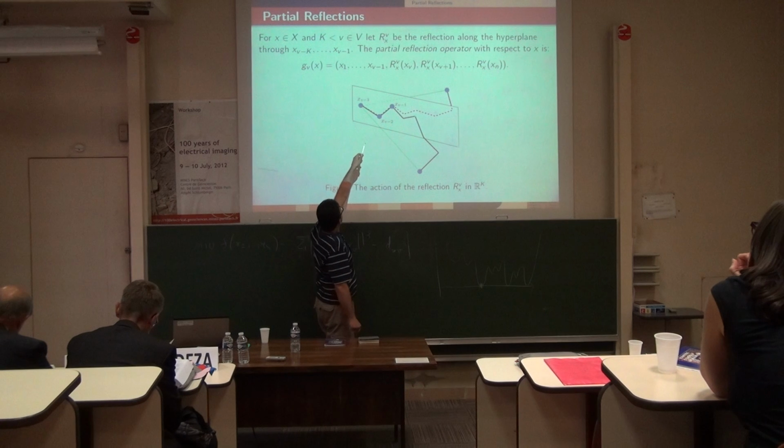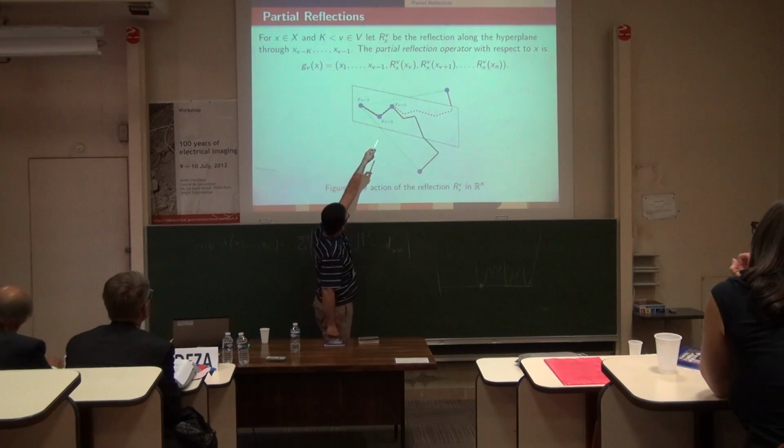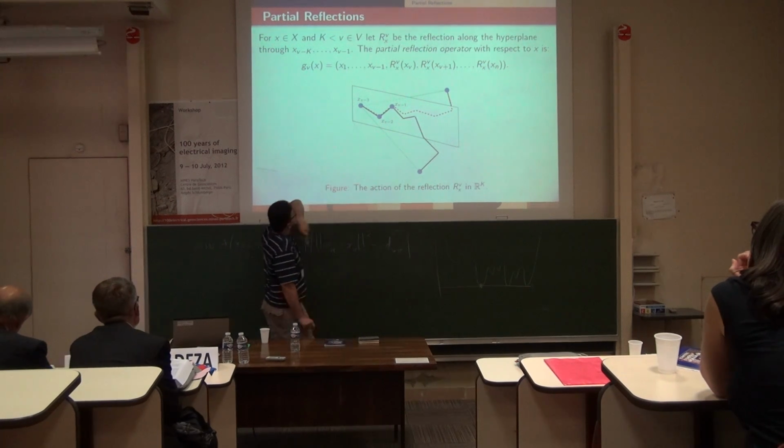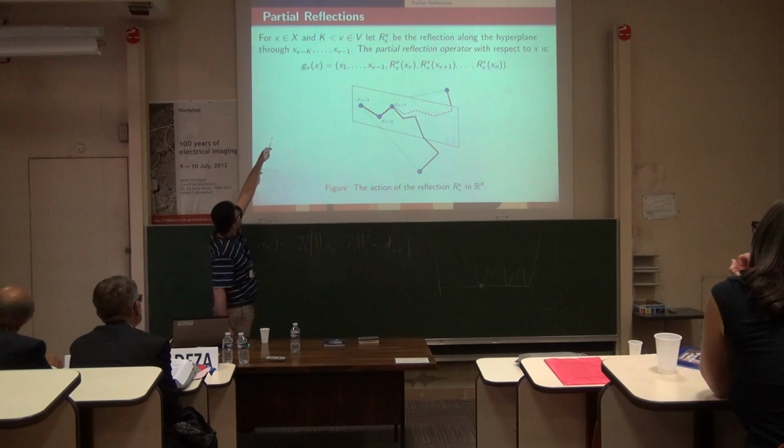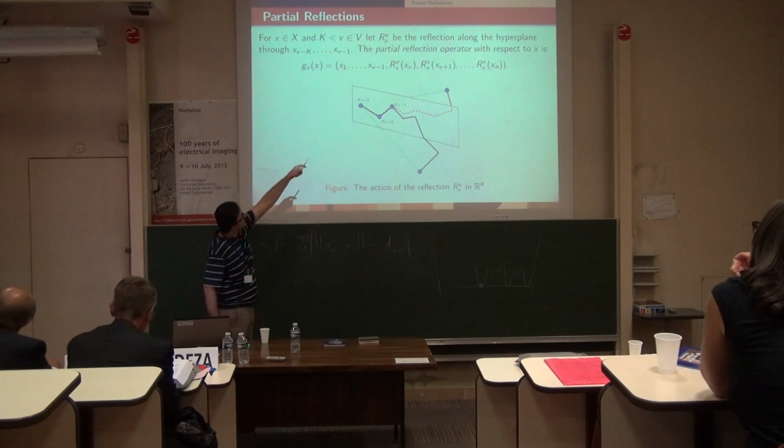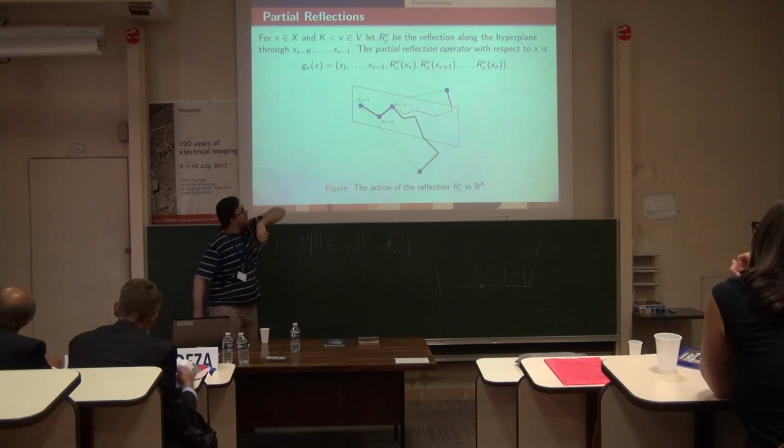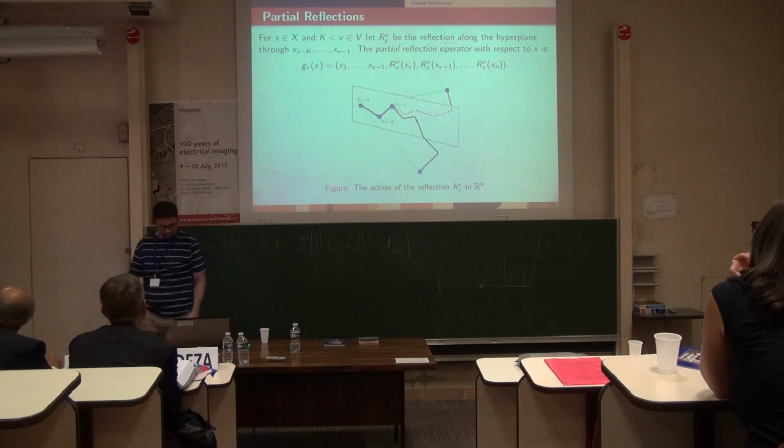Okay? So using this reflection, we can define a partial reflection operator like this. So X is a solution of the DMDGP problem, and v is a fixed vertex, and we can define this partial reflection operator.